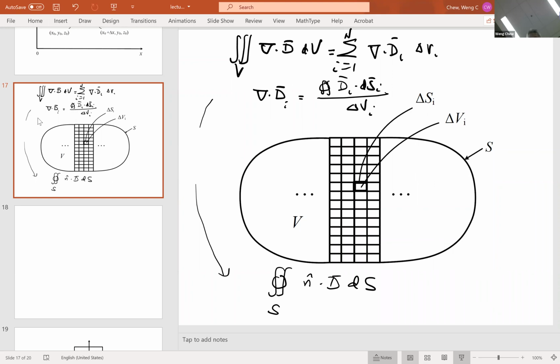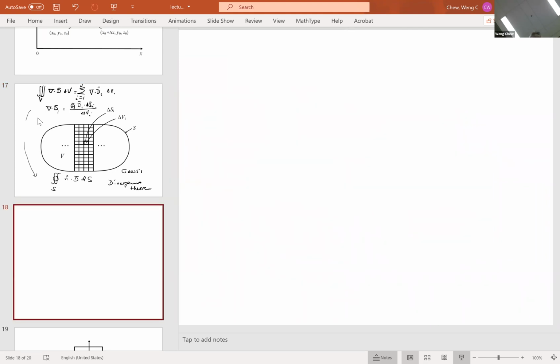Okay, this is called Gauss's divergence theorem. I did not argue very rigorously, but you can see the idea here, that integration of a volume divergence becomes a surface integration.